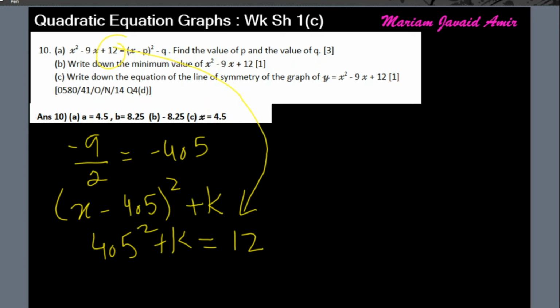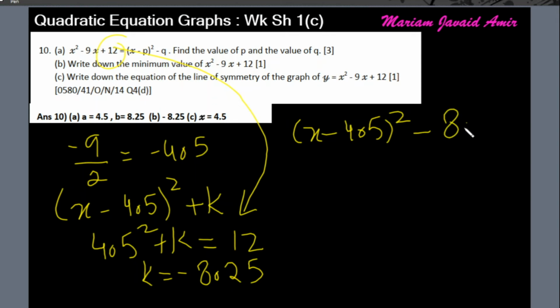So to find the value of k, in my calculator I'll write 12 minus 4.5 square, which gives me minus 8.25. So the question says find the value of p and q. So I am getting x minus 4.5 square minus 8.25. Now in the question we have x minus p.